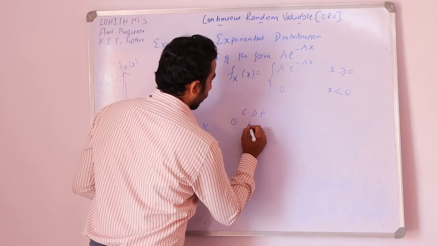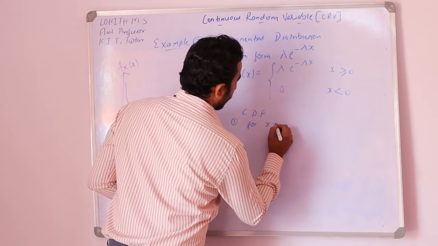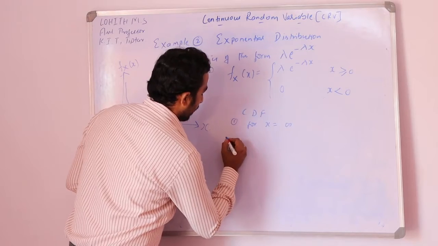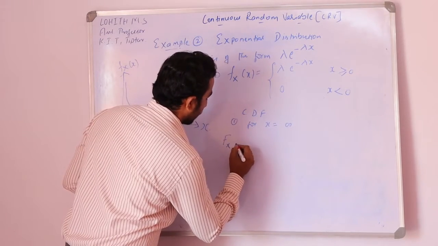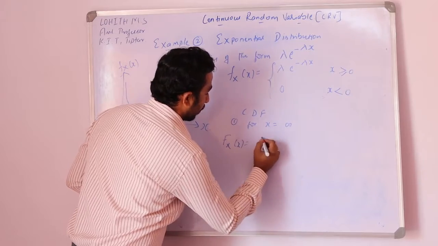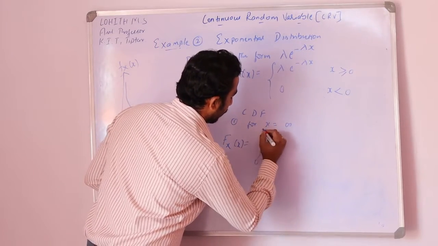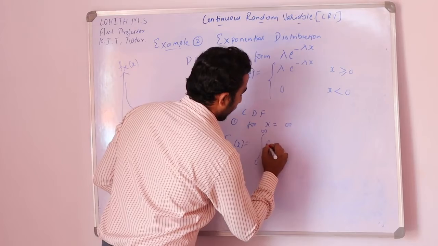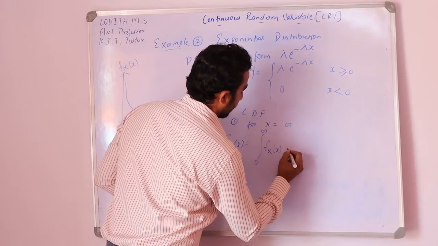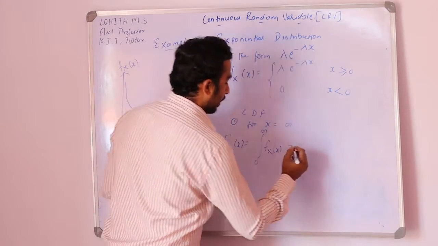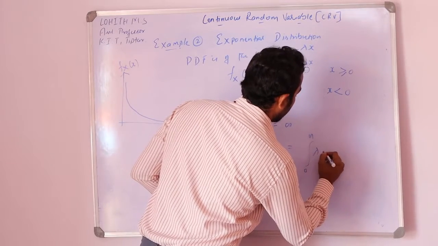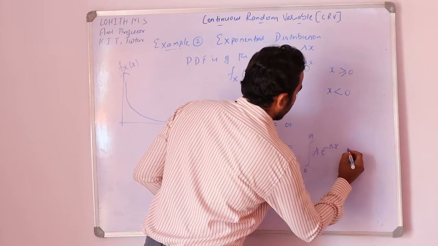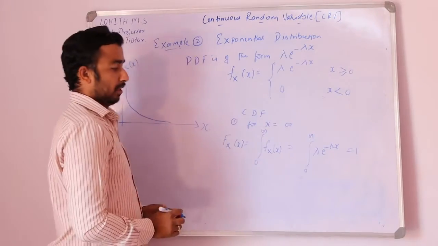First, for x equal to infinity, the cumulative distribution function is the integral from 0 to infinity of f(x), which is lambda e power minus lambda x. This will be equal to 1.